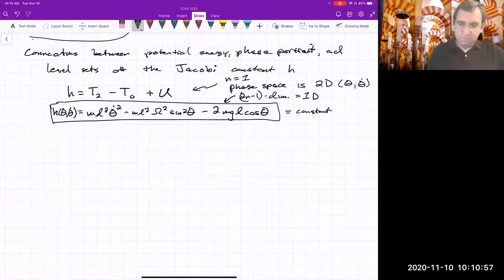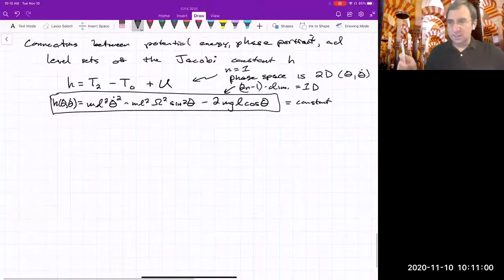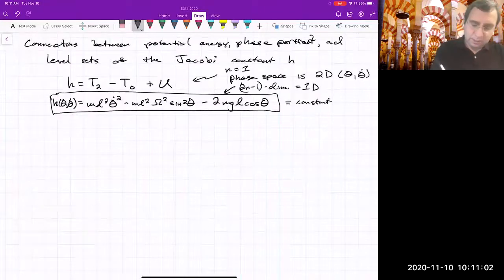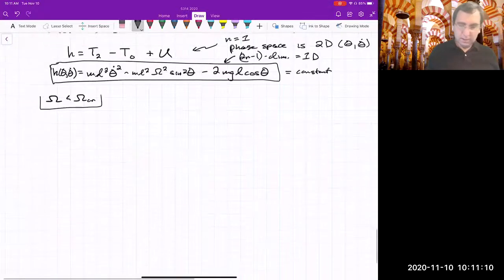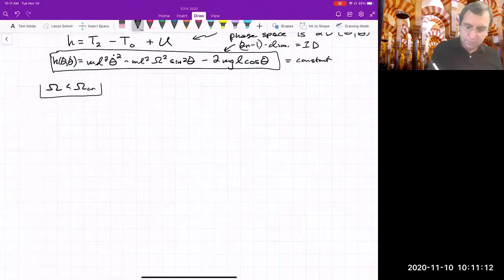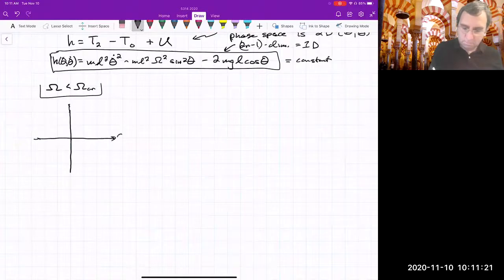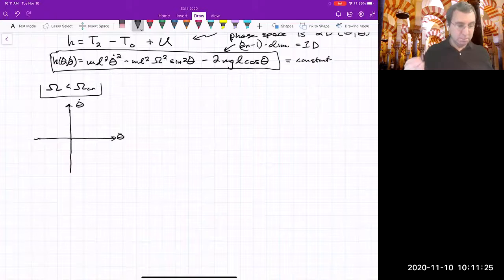Let's look at two different cases. Let's say omega was less than critical. If omega is less than omega critical, then what? We would have a sketch of theta and theta dot. It's our two-dimensional phase space.